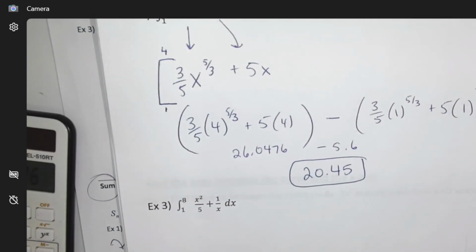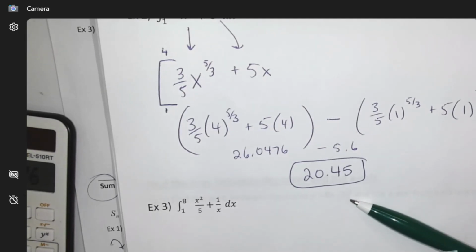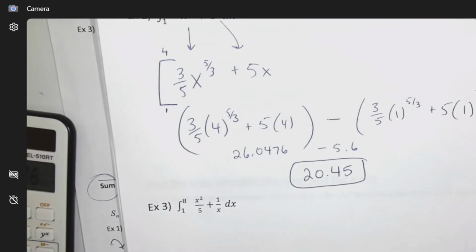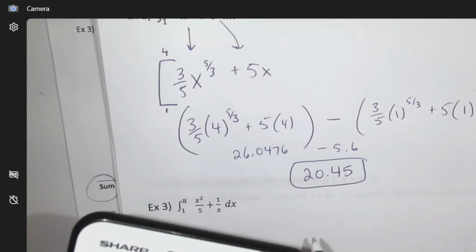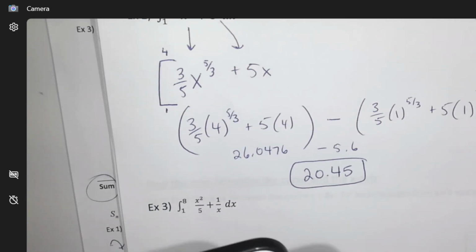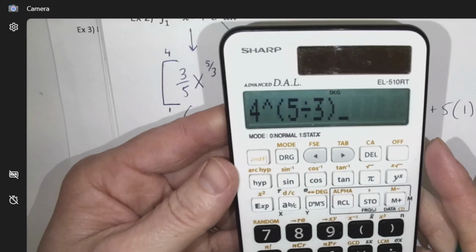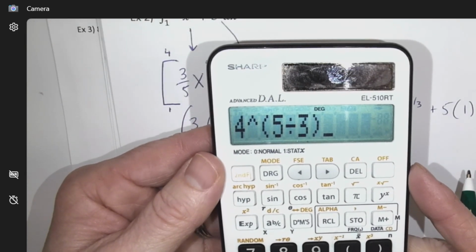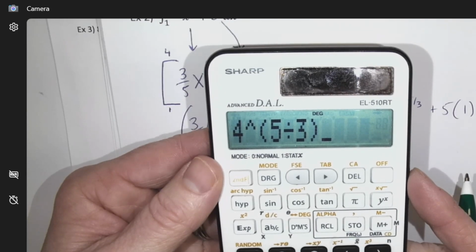Anybody match my number? No. Anybody? That's a hard type-in for some reason. Anybody match me? Yes? No? I still get 30.4 no matter what.